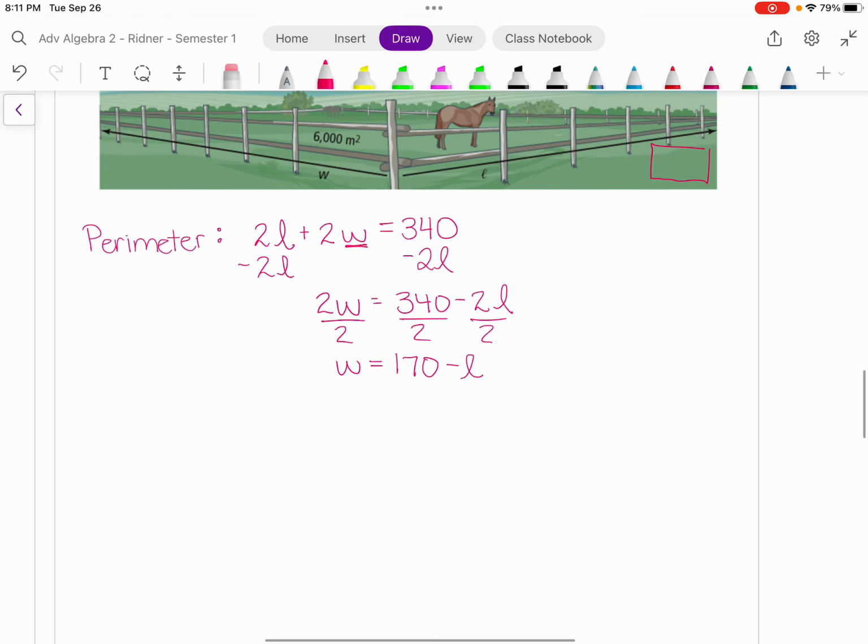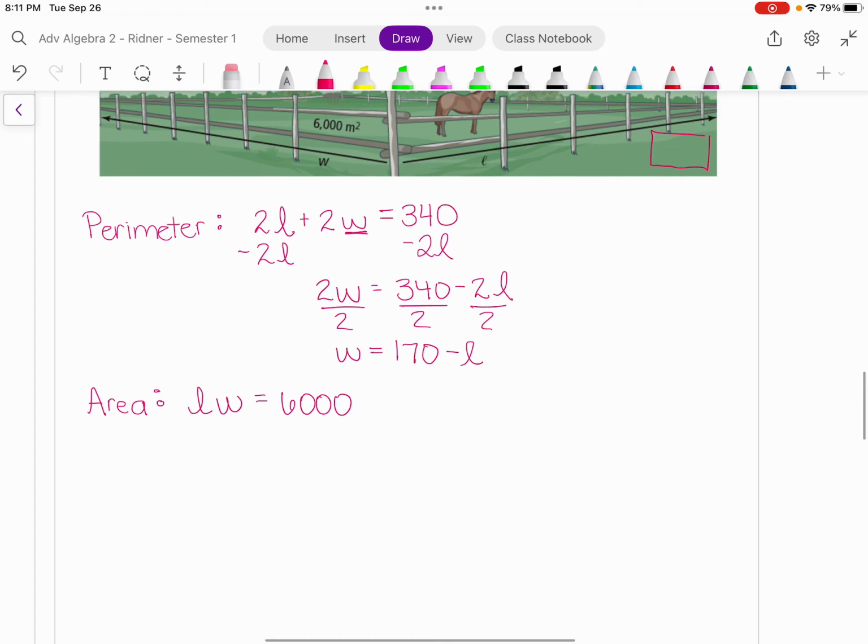We also need to take the area into consideration. Remember, the area of a rectangle is length times width. And we know that this area should be 6,000 square meters.